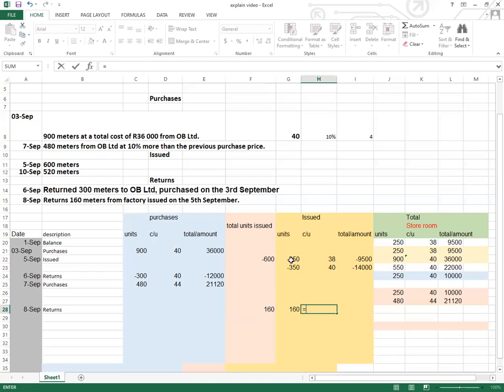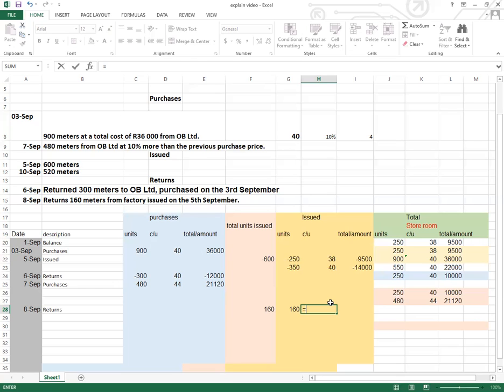Remember, guys, on the 5th of September, we issued 600 units from this batch, which it was our opening, and then 350 from, which is 950, and then which means we remain with 550, and then from 550 we returned 300 units to the supply, which means now we remain with how many units? 250.